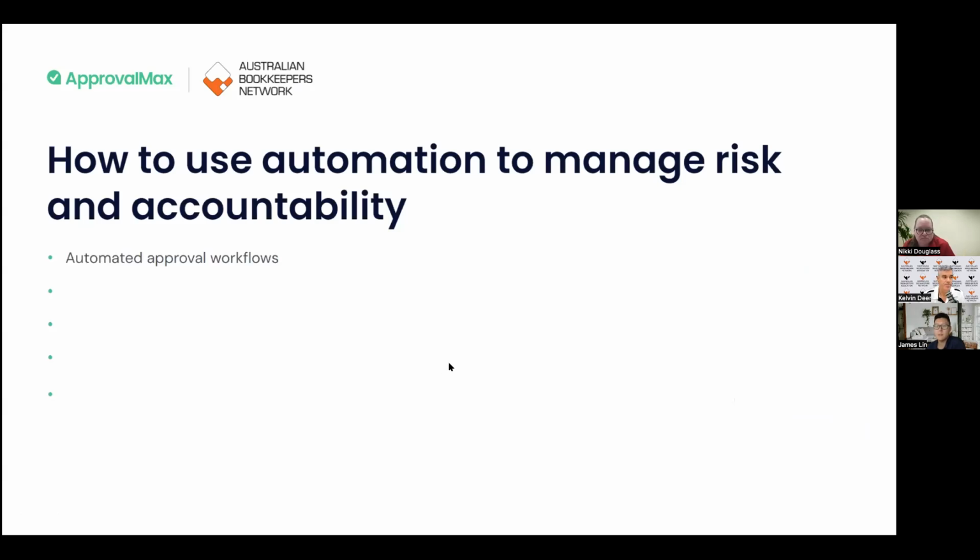Yeah, for sure. The automated approval workflows are probably the core feature within ApprovalMax. Essentially, we talk with Xero, or accounting systems like Xero and QuickBooks Online. So if you have a bill that is awaiting approval, that can flow through into ApprovalMax and then go through the approval steps.